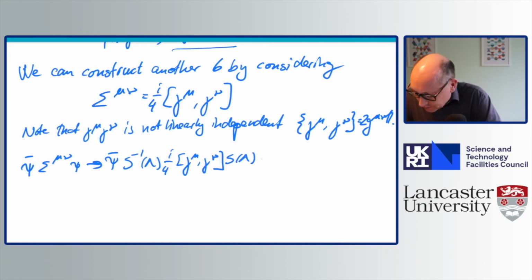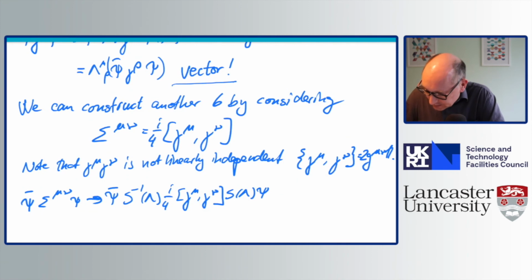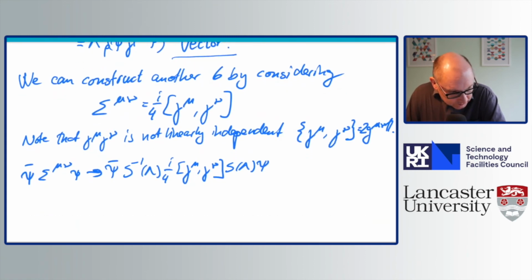But we already knew what happened every time we have an S and a γ^μ, we get a Λ^μ_ρ and a γ^ρ, right? Every time we commute a γ^μ with the S, we get a capital Λ^μ. We have to do that twice here. We get one for moving it through the γ^μ and one for moving it through the γ^ν.